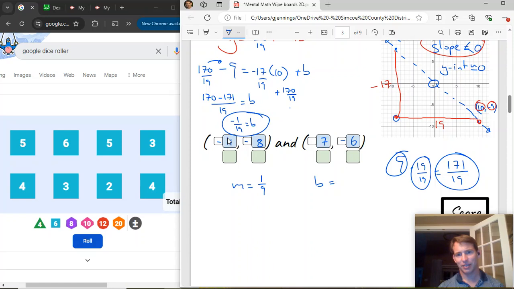B is 6 and 7 on 9, but negative. Okay, so our equation is y is equal to 1 on 9x minus 6 and 7 on 9, which is another way of saying 70 on 9.